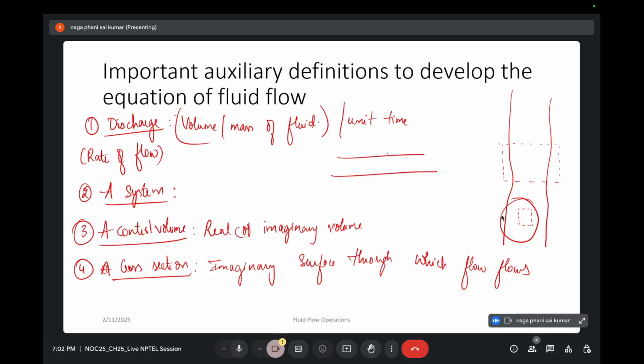We'll sometimes say across the cross section, right? That means it is some kind of imaginary surface through which the fluid is flowing. Just to identify some parameters, let's say you want to define flow rate at this particular section. Then we'll take the cross section and define how much fluid is flowing through that particular cross section. So again, this is an imaginary surface. These are the four important terms that we should be aware of when we are developing equations for fluid flow.